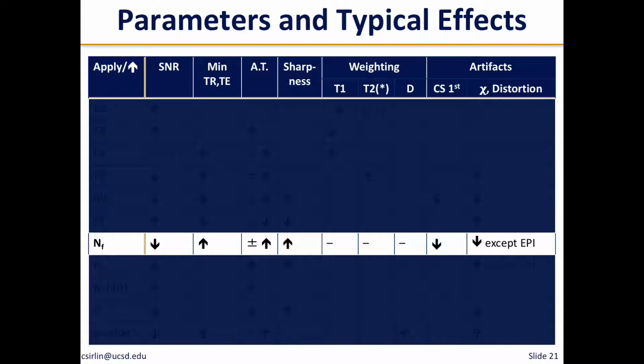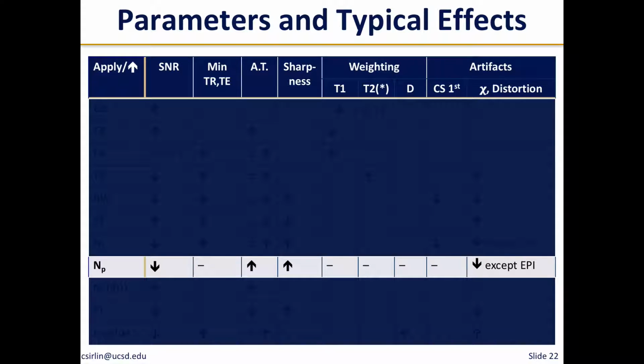Because your voxels are smaller, your chemical shift artifact of the first kind is better. And in general, because your voxels are smaller, your susceptibility and distortion go down, with the exception of EPI-based sequences such as DWI, and we'll show examples of this later. With DWI, if your number of frequency encodes goes up, then you actually might have more distortion. And we'll go over that again a little bit.